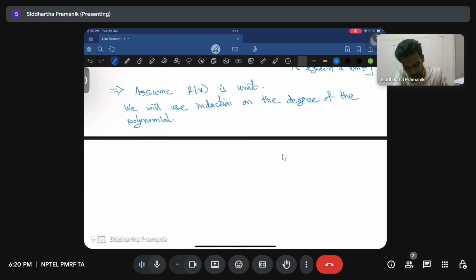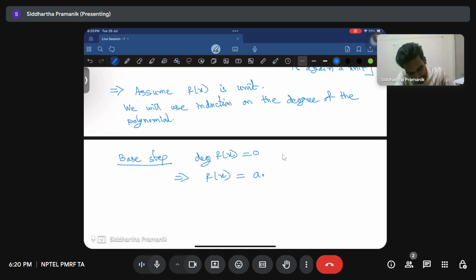The base step is when the degree of f(x) is 0. That means f(x) is a constant polynomial, so f(x) is just a0.